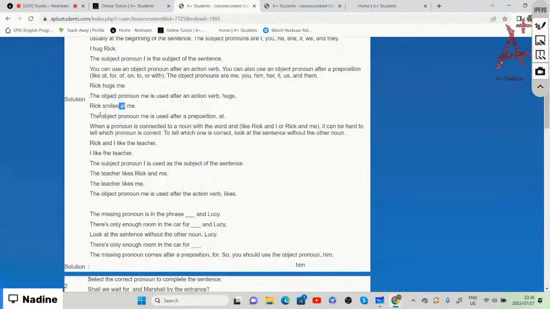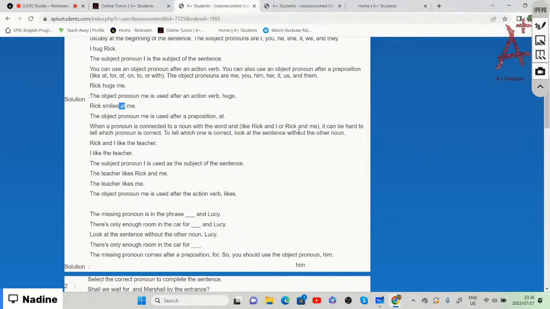All right, then we say the object pronoun me is used after the preposition at. When a pronoun is connected to a noun with the word and, like Rick and I or Rick and me, it can be hard, right, to tell which one is the correct pronoun.